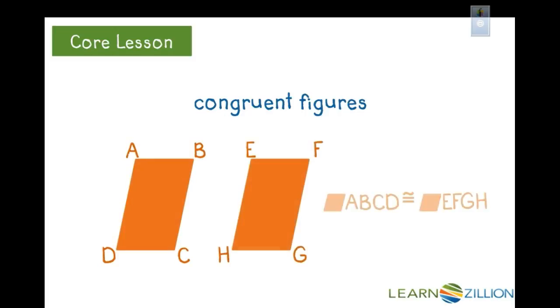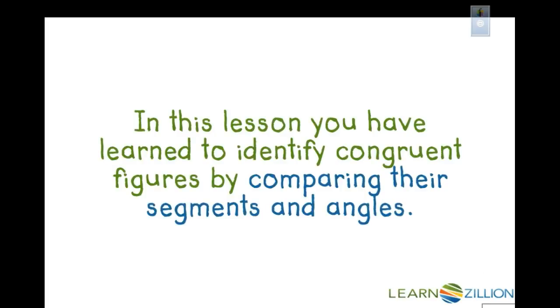Two separate figures are congruent if they are exactly the same size and shape. Notice how angle ABC corresponds to angle EFG, and they are both 80 degrees. Notice how segment DC corresponds with the length of segment HG. They are both the same length. In this lesson, you have learned to identify congruent figures by comparing their segments and angles.